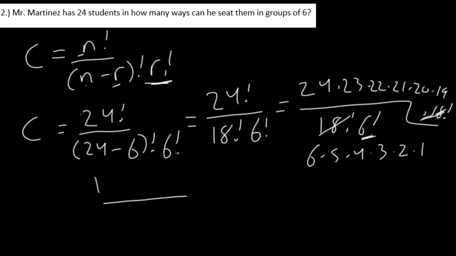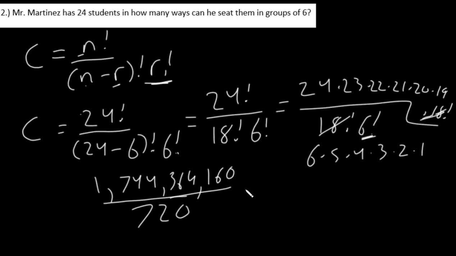That will give us 1,744,364,160 all over, and of course, we have 6 times 5 times 4 times 3 times 2 times 1, which will be 720. And once we divide these two numbers, we'll have our final answer.